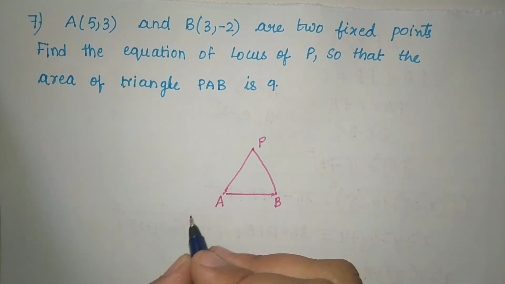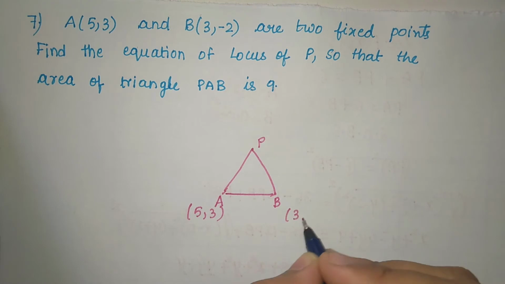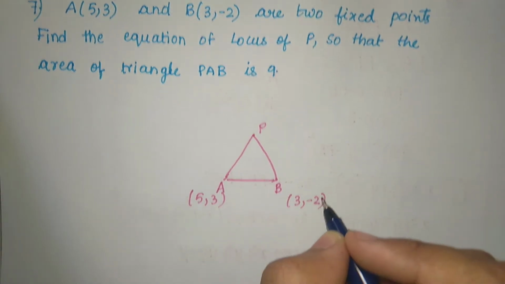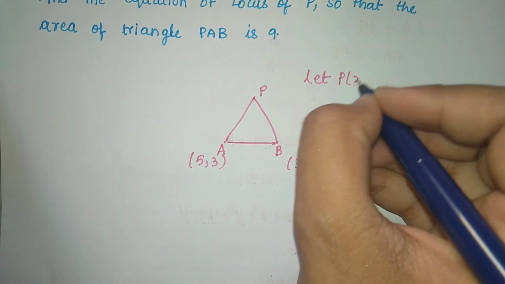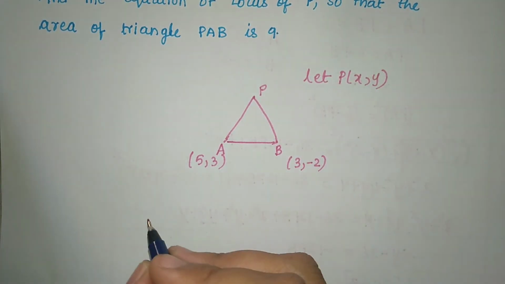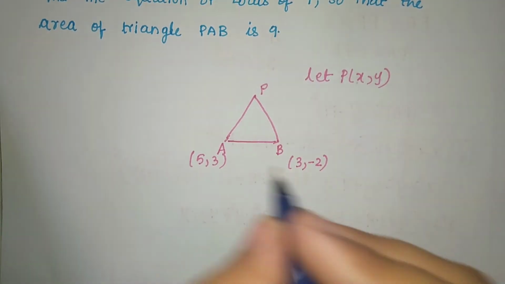So what is A? (5, 3). What is B? (3, minus 2). Let P(x, y) be any point on the locus. So here the given condition is area should be 9.